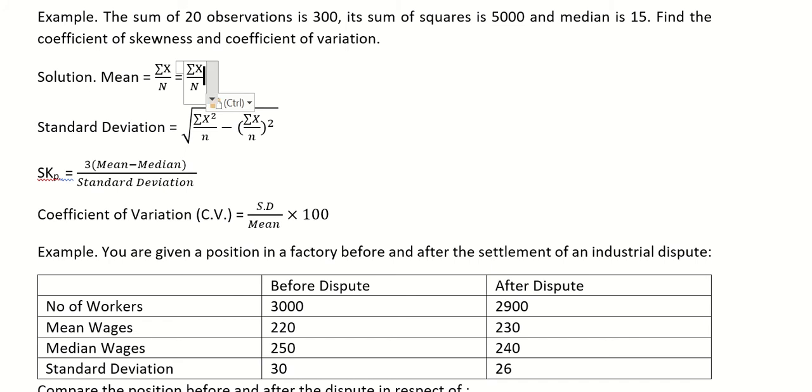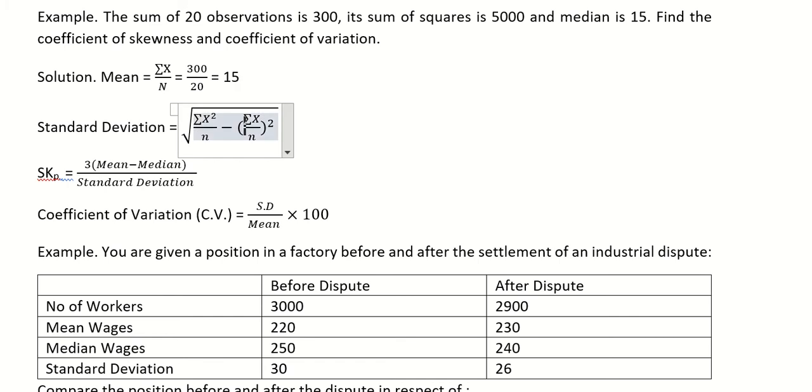So sum of observation is 300. This is given to you in the question. So we'll apply this value. n is 20. This is 300. So mean is now 300 by 20 is 15. So mean we have obtained, that is 15.